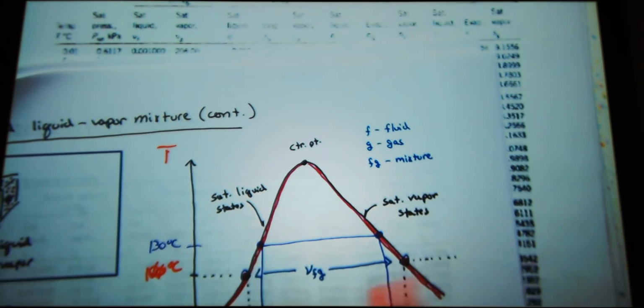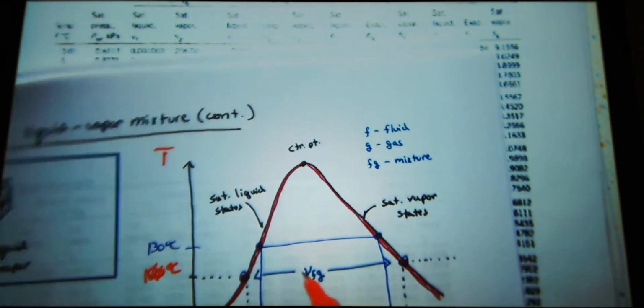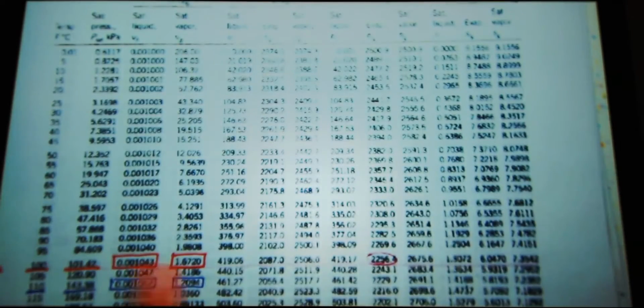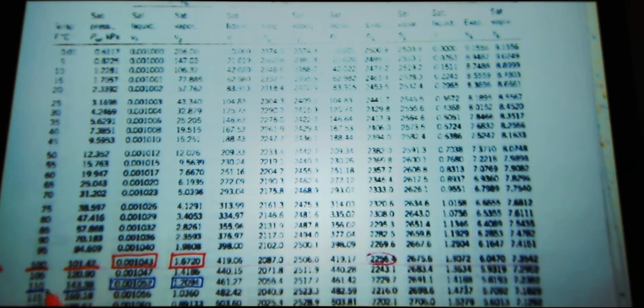The width, the difference between VF and VG, got less. If I go to lower temperature, the width increases. So you can see, if I just plot temperature versus these values, I can reproduce the bell curve.